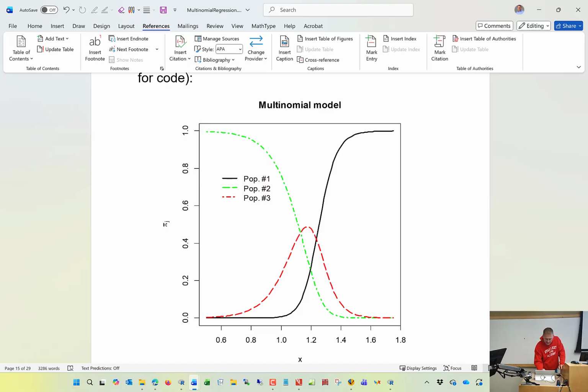So for, let's say, j equal to 1, meaning population group number 1, I can plot what pi 1 would be. And this is what we get with the black line.